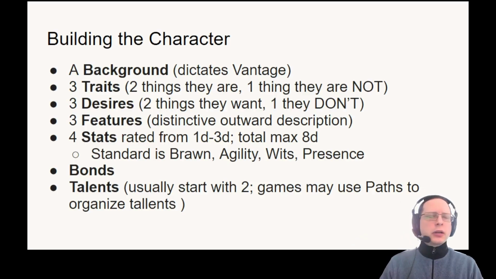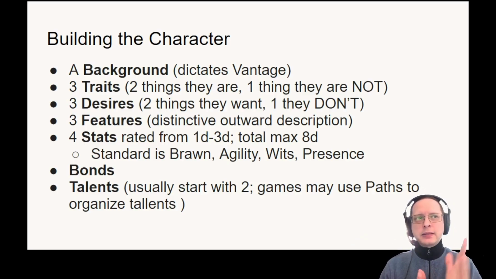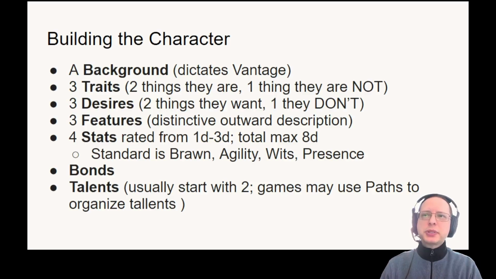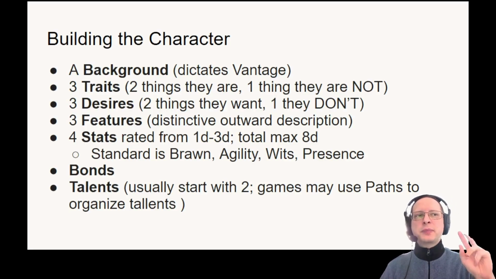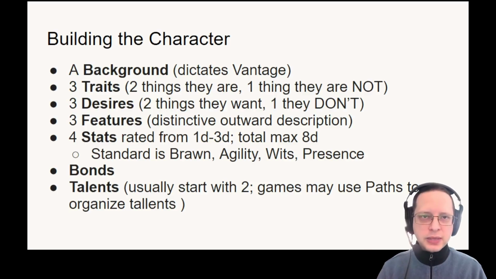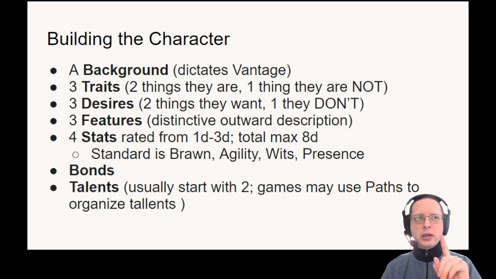As I mentioned earlier, your character also has stats that help dictate your dice pools. The standard system has 4 stats, so we have 4 dice pools. Each of these has a rating between 1 and 3, meaning that the pool associated with that stat starts off with either 1, 2, or 3 dice, with a max of 8 dice spread across all 4 stats.